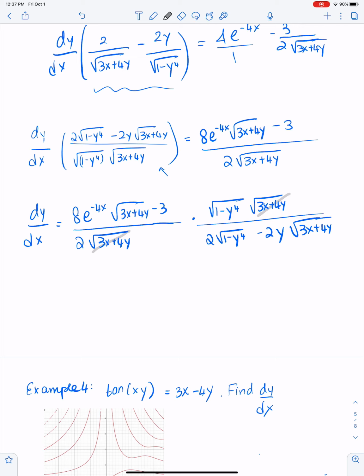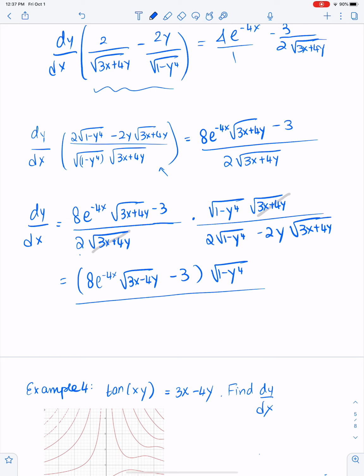All right, and then put it all together. And what do you have? 8e to the minus 4x times square root 3x plus 4y minus 3, all of it times square root 1 minus y to the 4th, over 2 times this fraction.